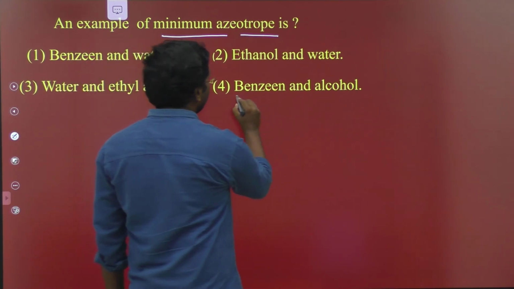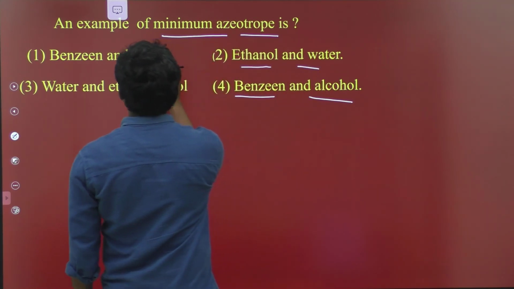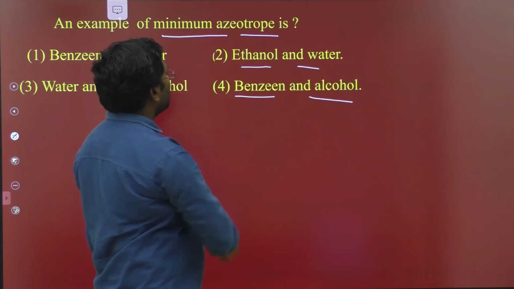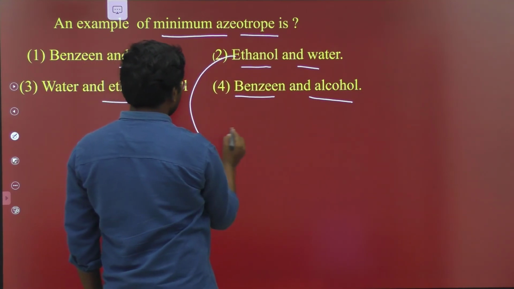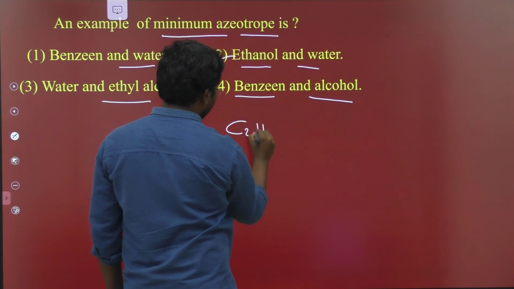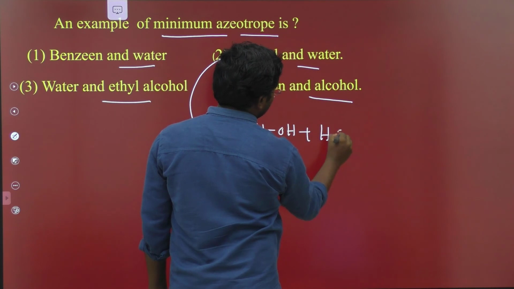In case of benzene and alcohol, ethanol and water. Ethanol means ethyl alcohol, C2H5OH, and water means H2O.